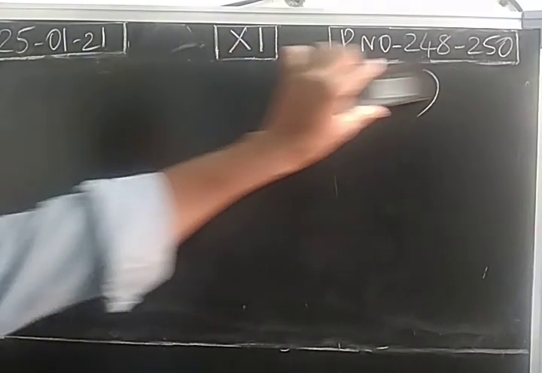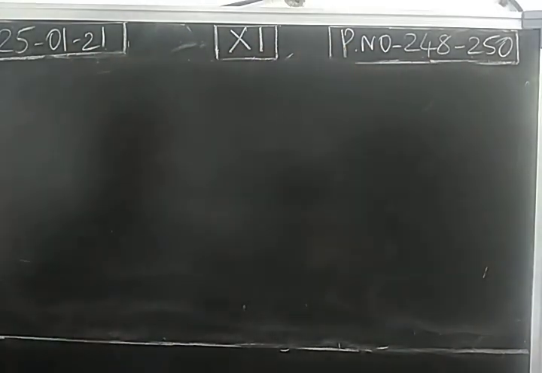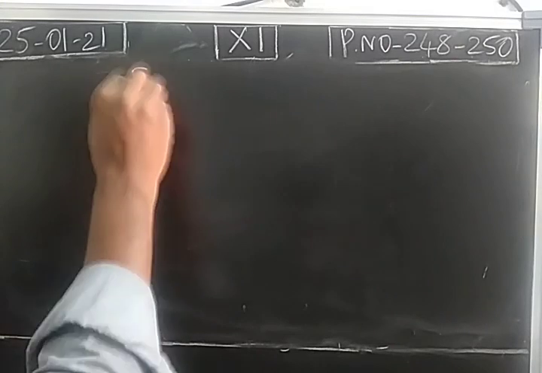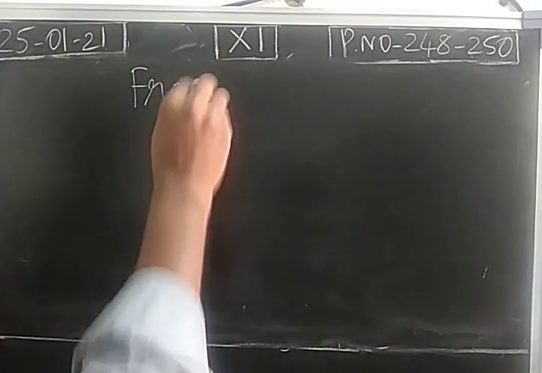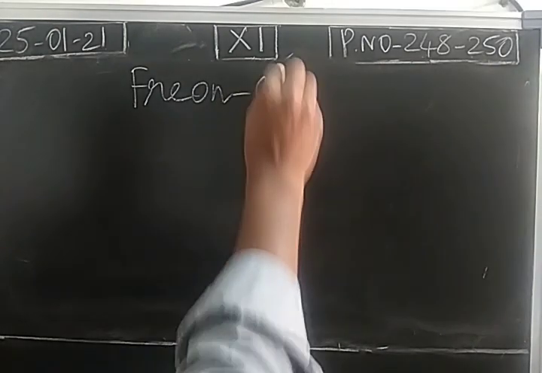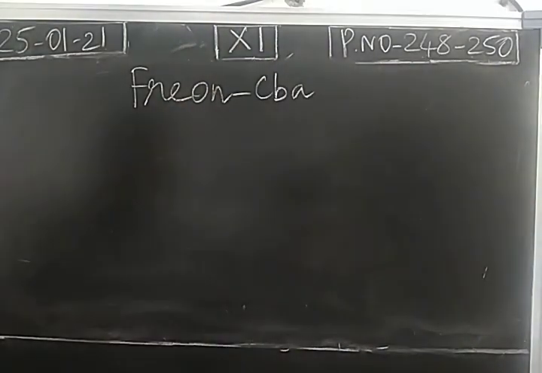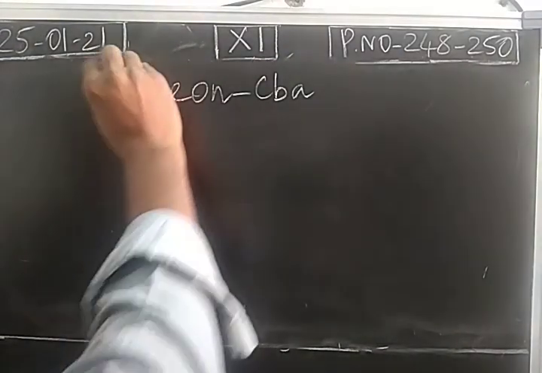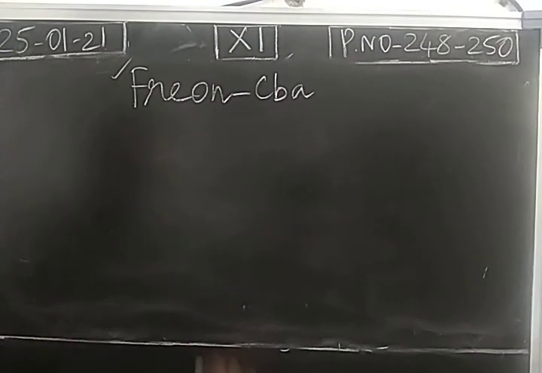Then the nomenclature of freons. The general formula or name is freon CBA. So using this format we have to write the name for the chlorofluorocarbons. For all the compounds write the word freon.